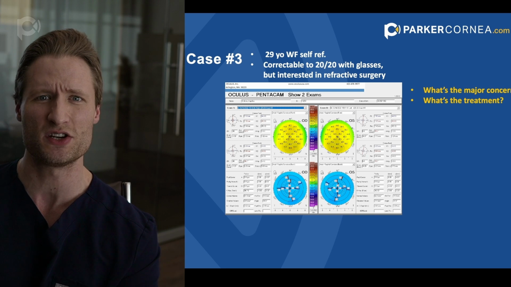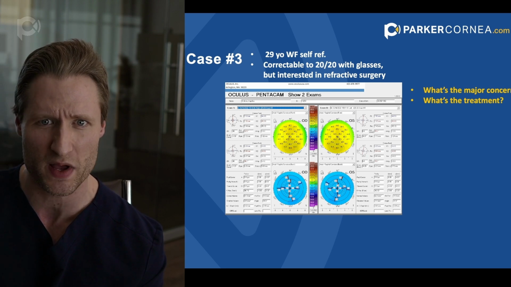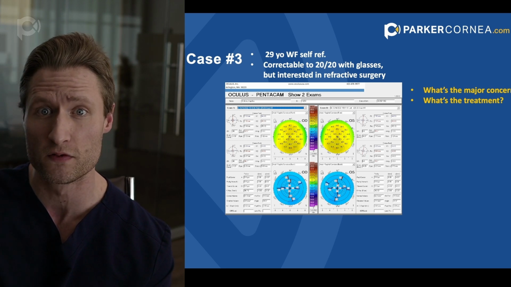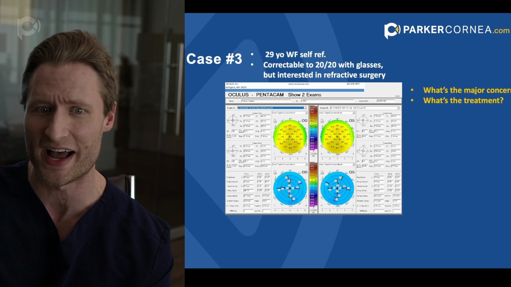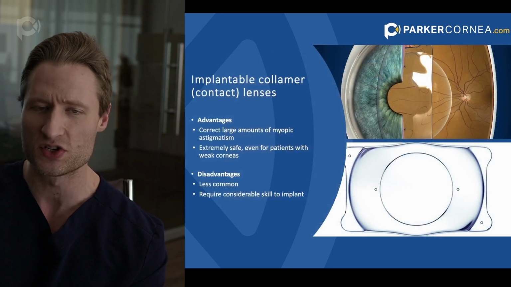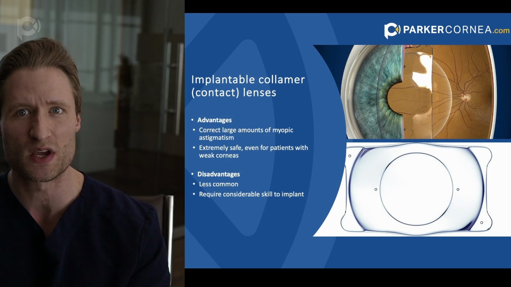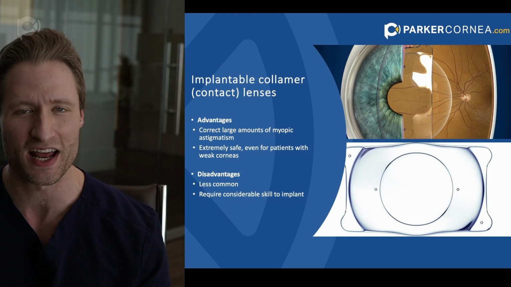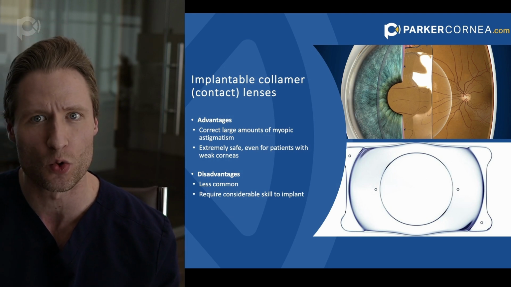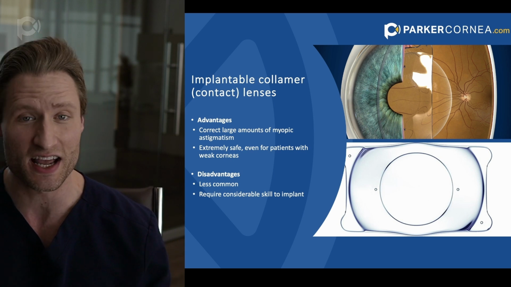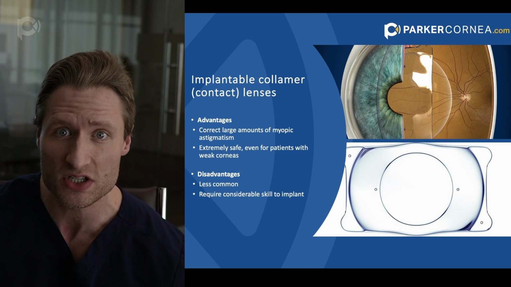So what can be done for this keratoconic suspect? Can anything be done to improve her vision beyond what she gets with glasses or contact lenses? And the answer is yes, there's a great option for these people. It's an ICL. An ICL, an implantable Collamer lens, is not an anterior chamber lens. It's a posterior chamber lens.